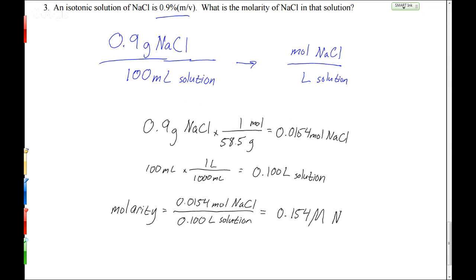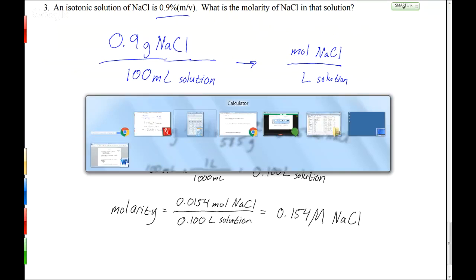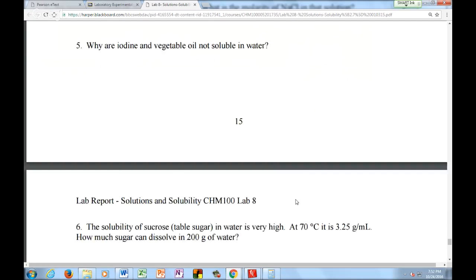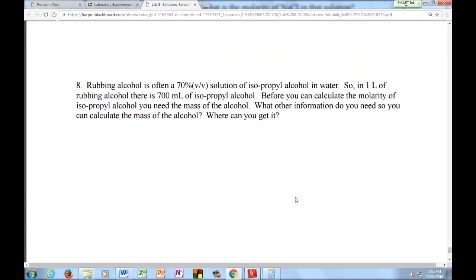We know there's 1,000 milliliters in 1 liter, so that's 0.1 liter of solution.